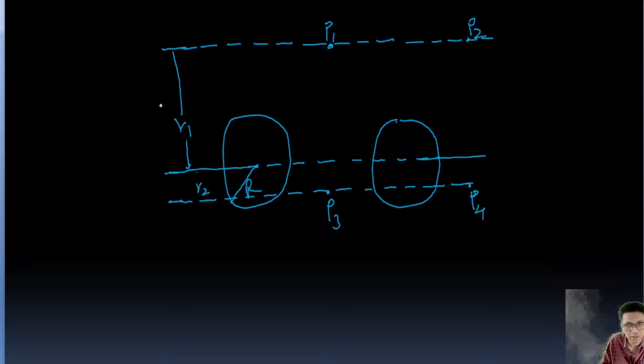So the transverse distance of P3 and P4 is R2. That is what is given in the question, and I have explained the question properly in my previous lecture. I would suggest you check that lecture. Options also I have written there.